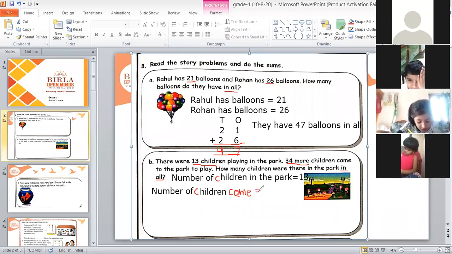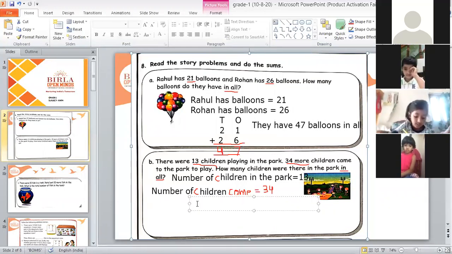So we will write here 34. Yes. So now what we have to do is we have to arrange these two numbers in ones and tens form.